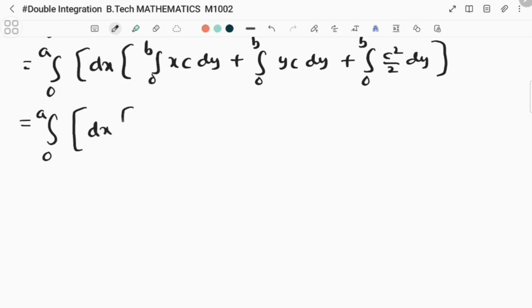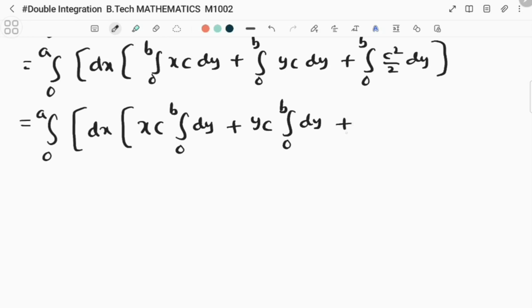So each and every term we need to integrate. So bc constant here we can take out, integral 0 to a x dx, plus here also bc we can take out, bcy also, we can take y out common because with respect to x we are doing. So integral 0 to a dx. Next bc square by 2 is constant, integral 0 to a dx.